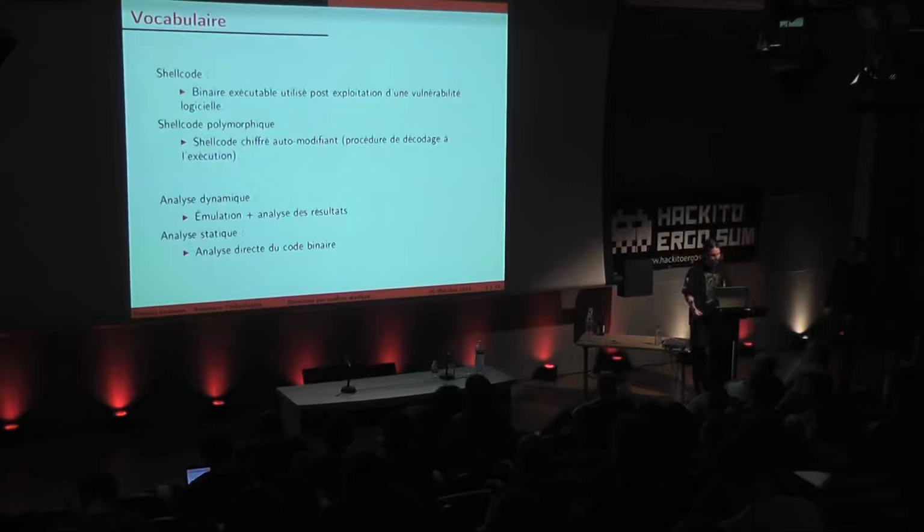Polymorphic shellcode is encrypted shellcode, and when it's executed, it is firstly decoded before being executed on the machine. That's why we call it polymorphic, because it's self-modifying.